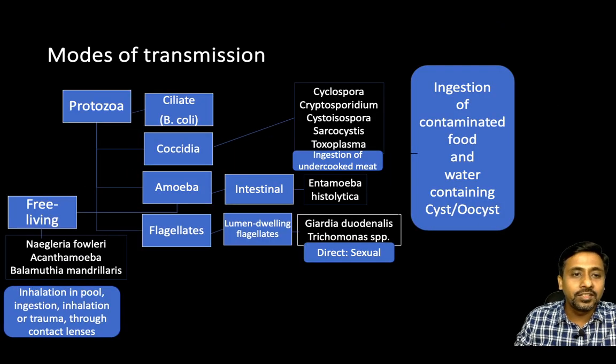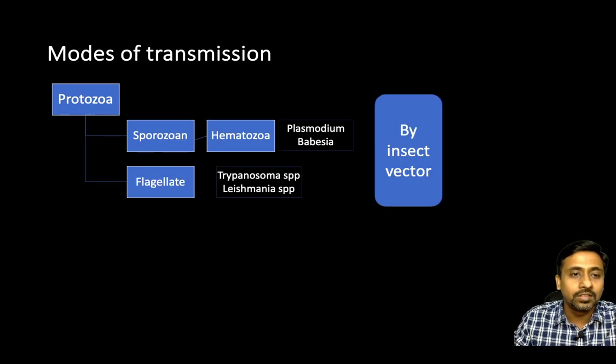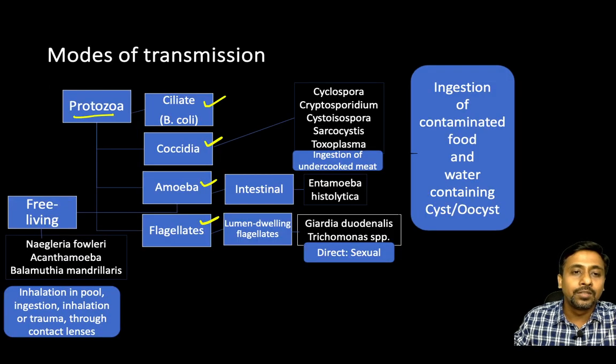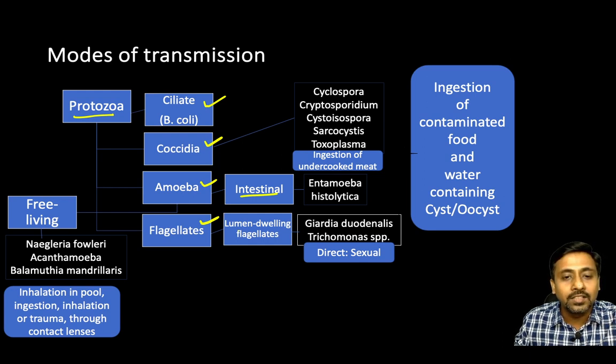Okay, so now let's see this flow chart. The protozoans: the ciliates, coccidia, the amoebae and the flagellates, and the last one is sporozoa and hemoflagellates. If you see the ciliates, the coccidian parasites, the amoebae, especially the intestinal ones, and the lumen dwelling flagellates, what is common in them?